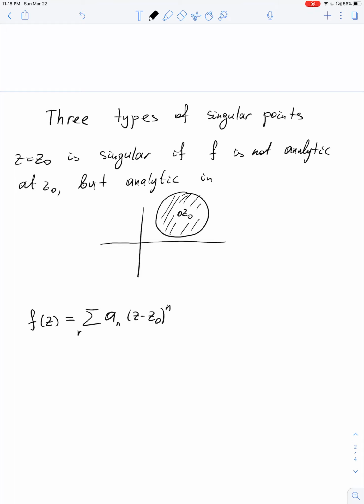So we have the Taylor part plus the Laurent part, and it all depends on how long the Laurent part is.